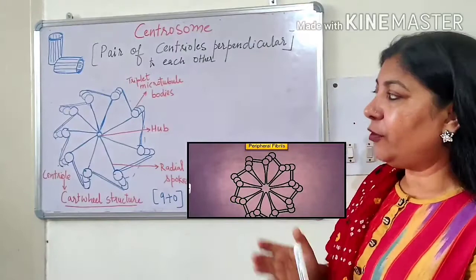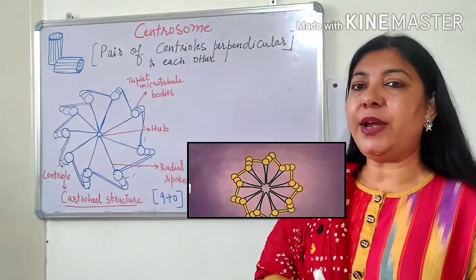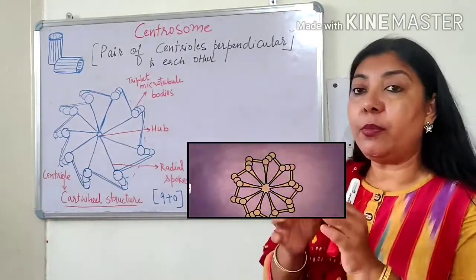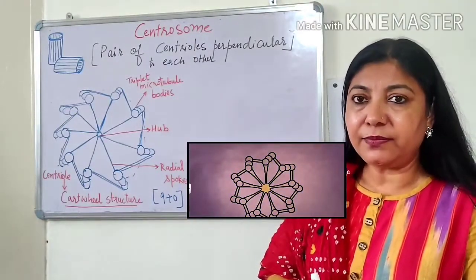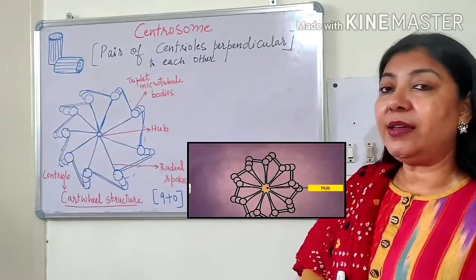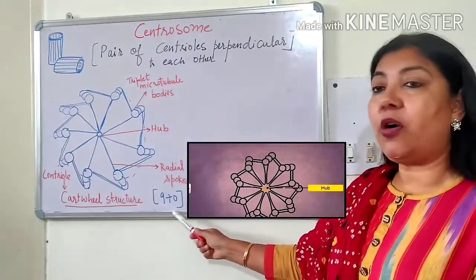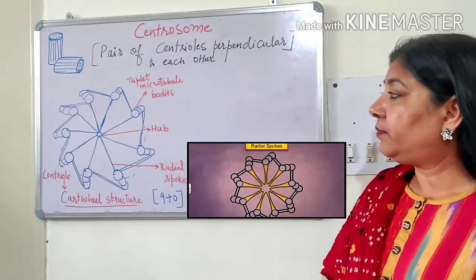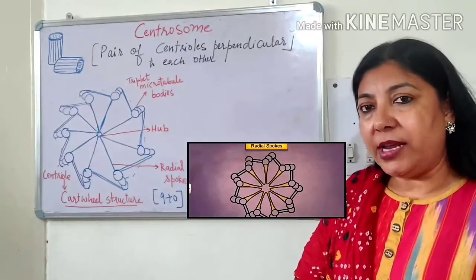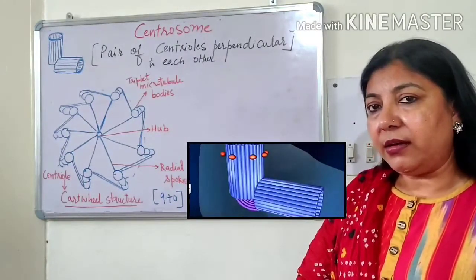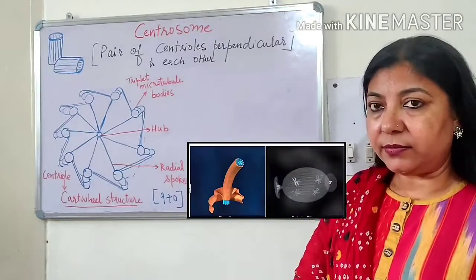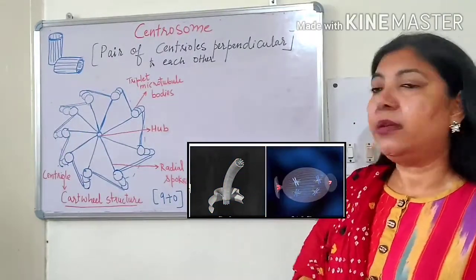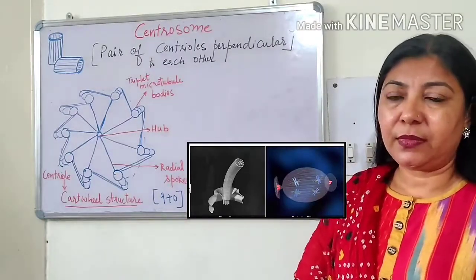Why cartwheel? Because if you see, this structure is made up of 9 triplet microtubule bodies which are peripheral. There is no microtubule in the center. Therefore, it is called as 9+0 arrangement. And these microtubule bodies are connected to each other with the help of linkers, and in the center, that is hub, they are connected with the radial spokes.